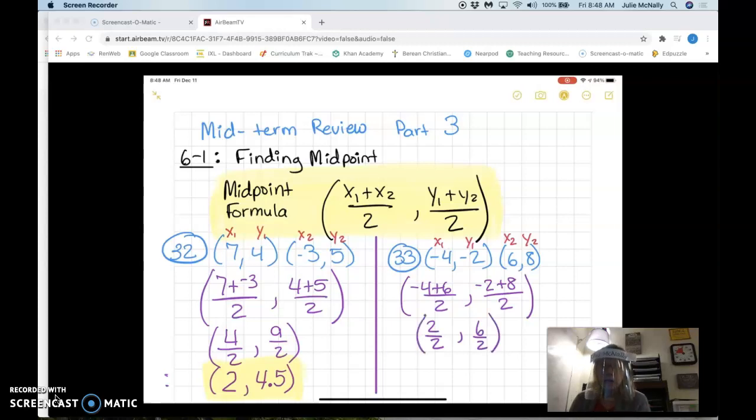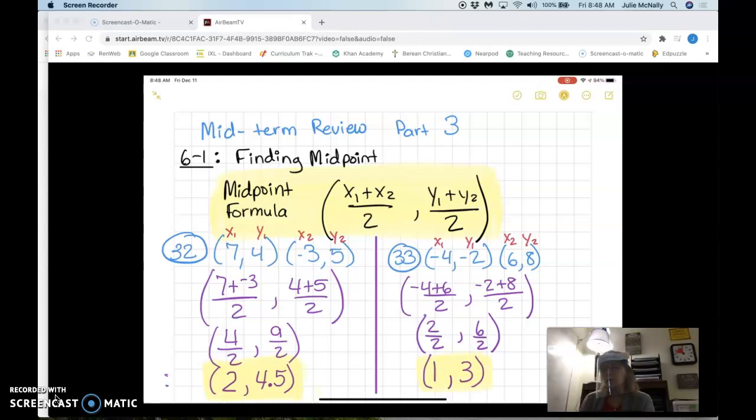And then divide. 2 divided by 2 is 1, and 6 divided by 2, 3. So the midpoint of the 2 points that we just used is 1, 3.